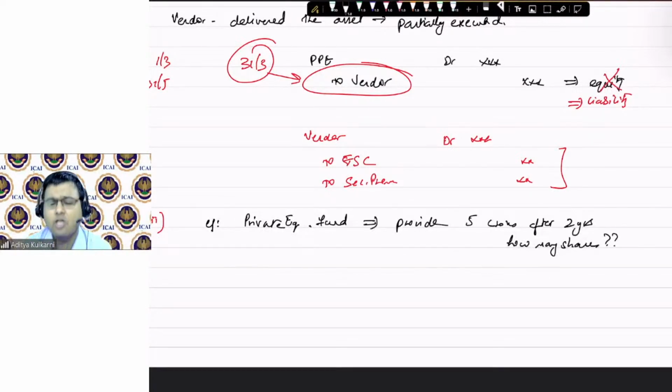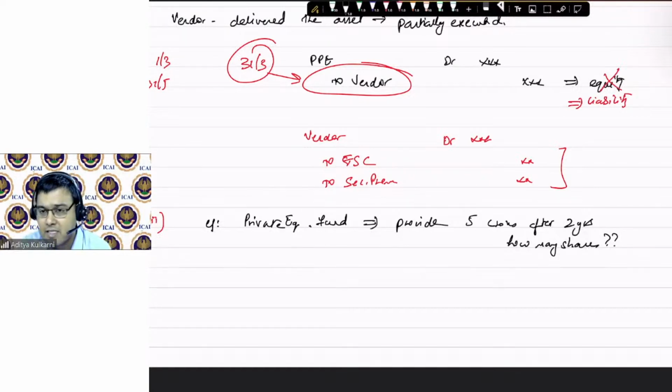The private equity fund will say, look, depending on your profitability, depending on the business you generate, the number of users, the traction that you generate in these 2 years, we will do a valuation of your shares and determine the number of shares to be issued.